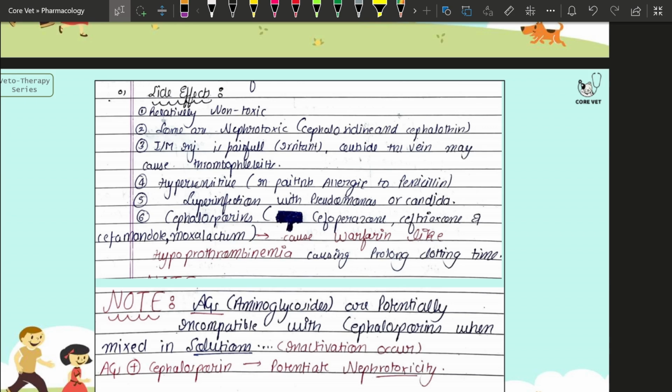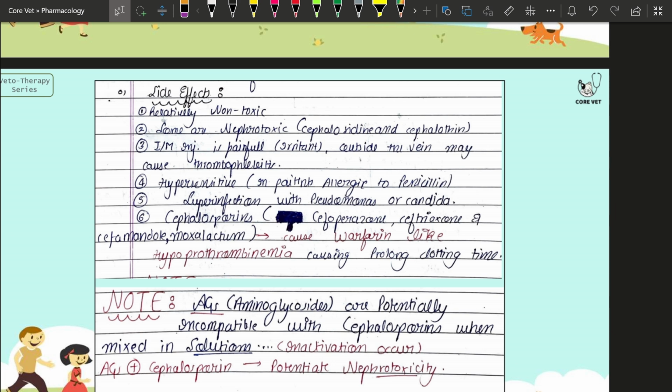Because if you don't have sound knowledge regarding the adverse effects of a class of drug, then how are you going to treat a patient well, right? To treat a patient in a nice way, you have to have sound knowledge regarding the adverse effects of each class of drug, because several drugs are contraindicated in several animals, right? So you should be focused on that, right?